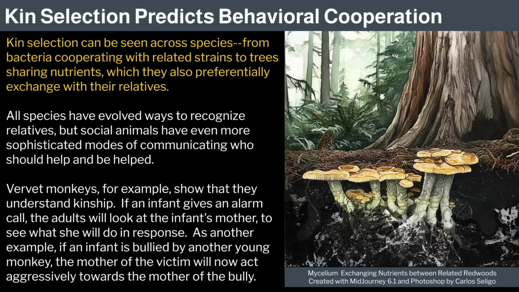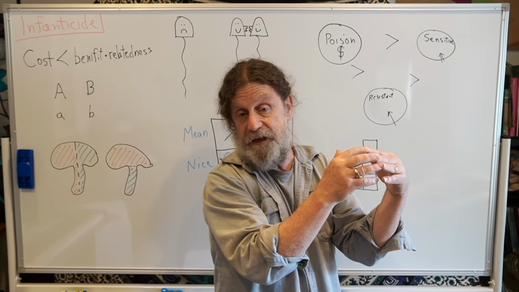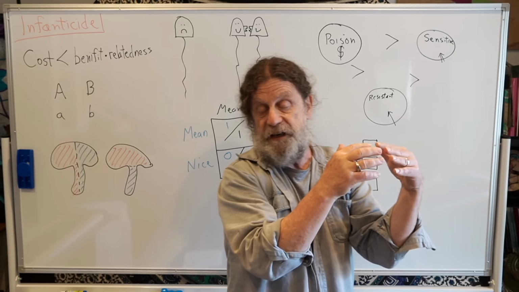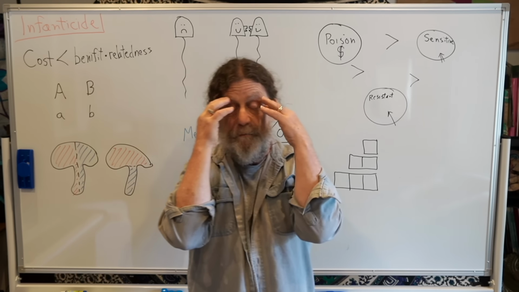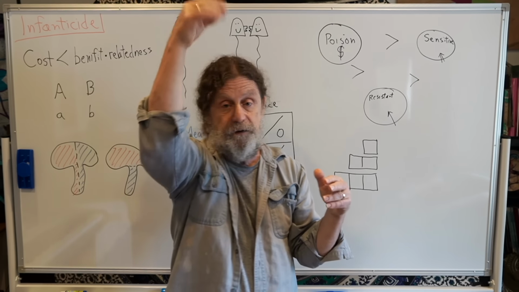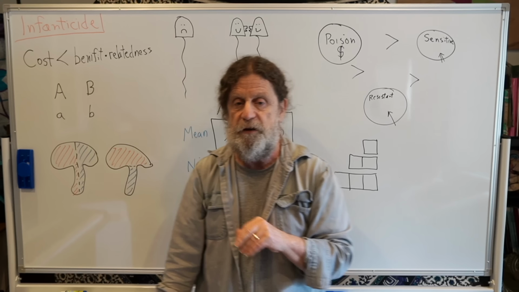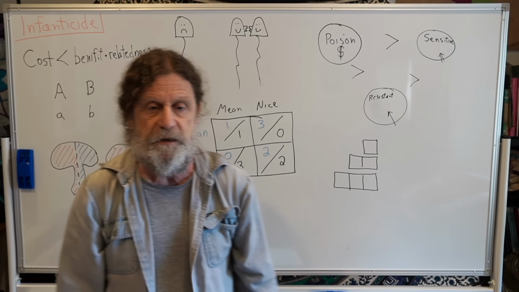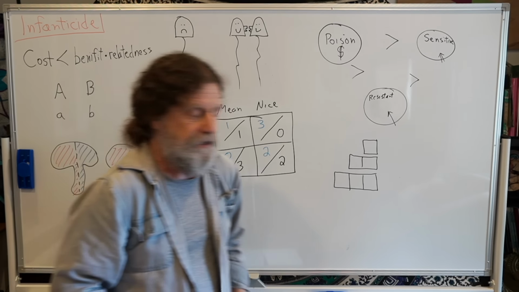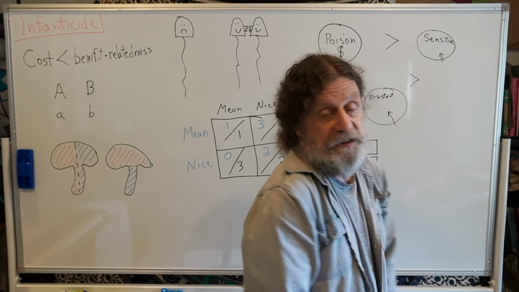And what you see is trees share their nutrient good stuff at the end of their roots as a function of the relatedness of the next tree along. If it's a total stranger, don't do it. If it's a close relative, do it. What's this about? It's tree species where they drop their seeds so the tree next to you is likely to be a relative, versus ones where some bird flies away with your seed miles and miles and drops it down there.